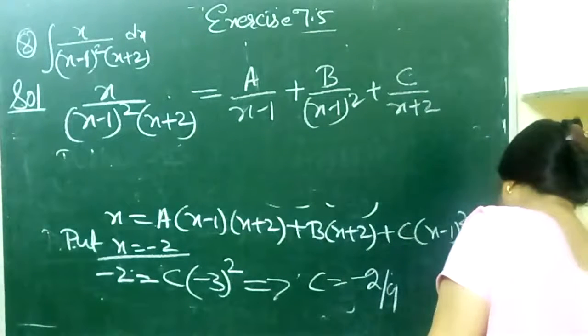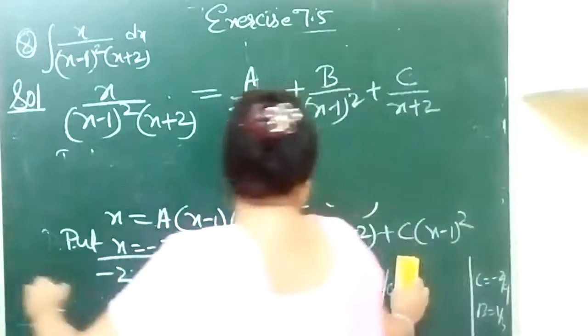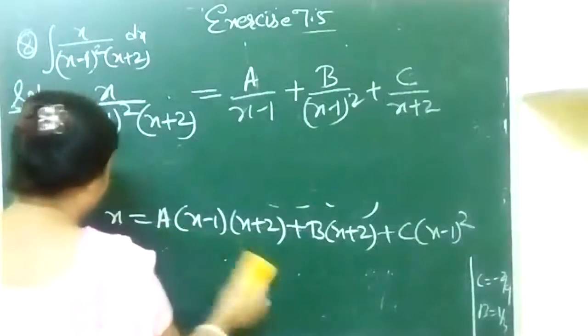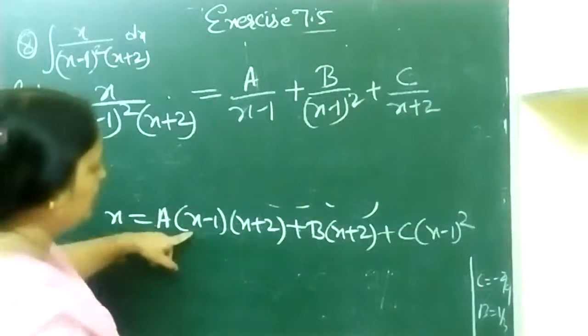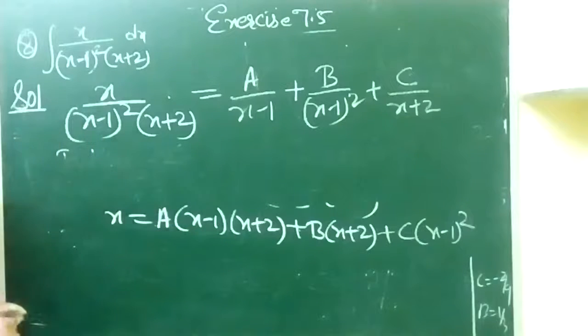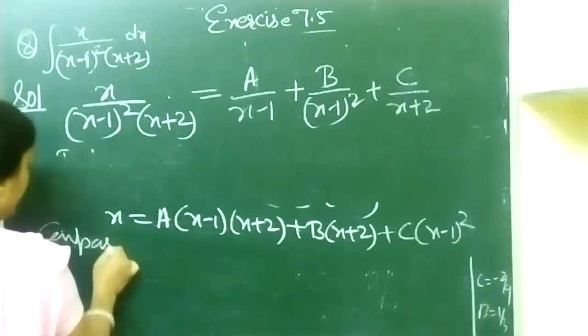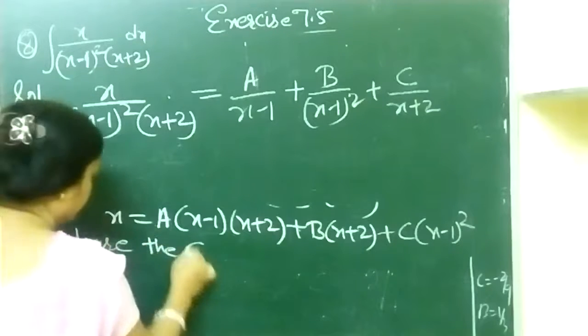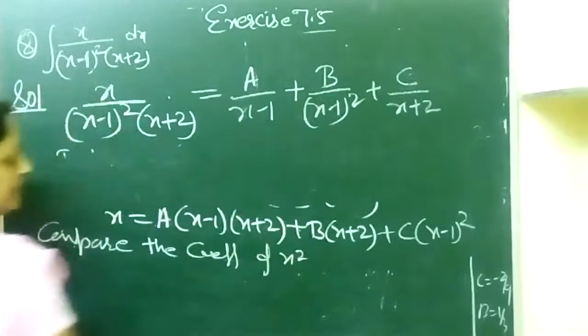Value of b is 1 by 3. Now we will find out the value of a. For finding the value of a, here you can see we will compare the coefficient of x square, because we can't put this term equal to 0.